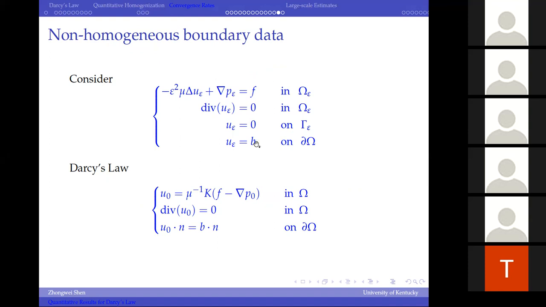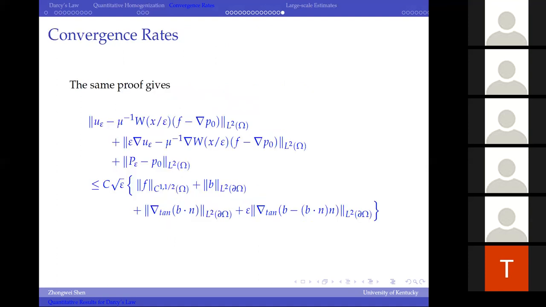Okay, and so for this non-homogeneous boundary data, the same proof also gives you the sharp convergence rate. Now here I actually have three terms: the L2 norm of b, and actually you can do better for the tangential part of the boundary. So they're in the same order, but you have an extra epsilon for this last term.